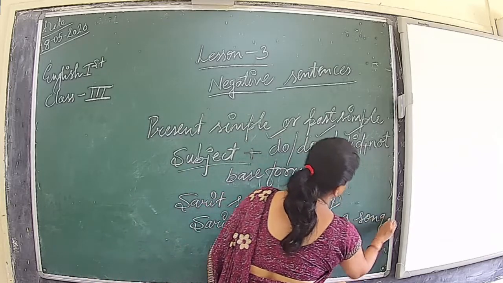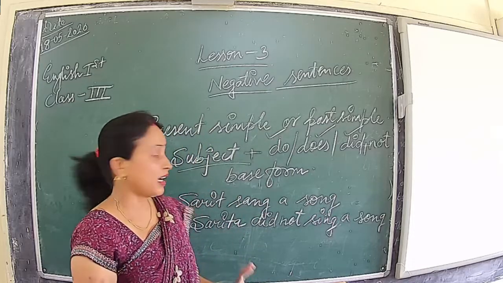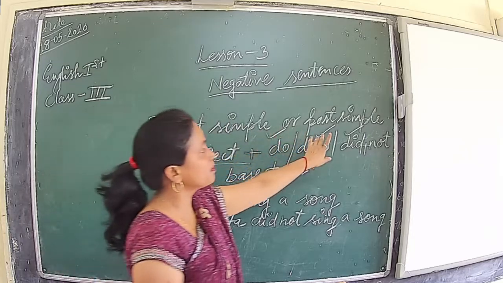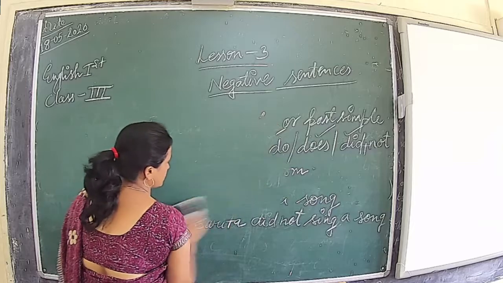Like this, we are changing into negative sentences. Clear? Now this is clear to you? Present simple or past simple, we are changing into negative sentences. Now another one you will see.